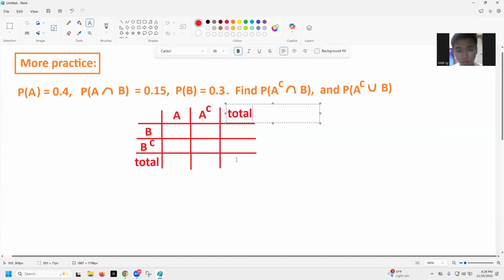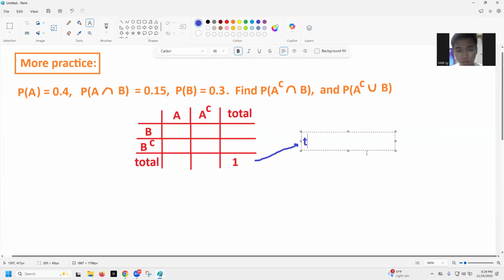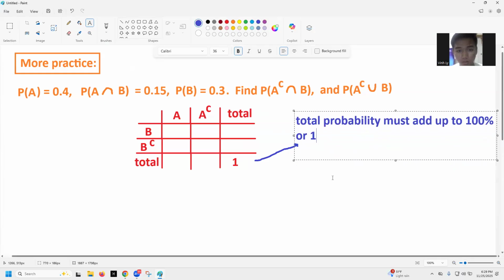The total for both cases has to add up to 1. Yeah, 1 is just 100%, right? Whatever you want to call it, you can do 100%.